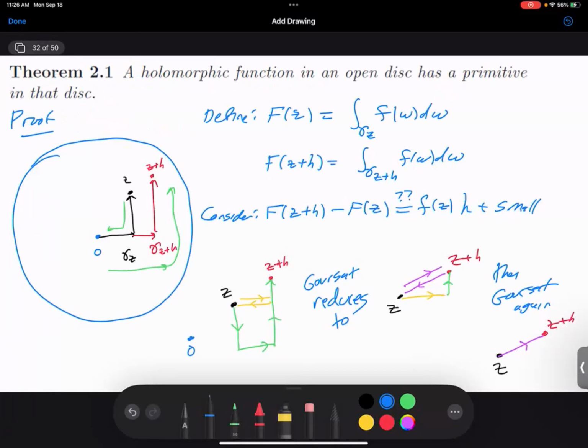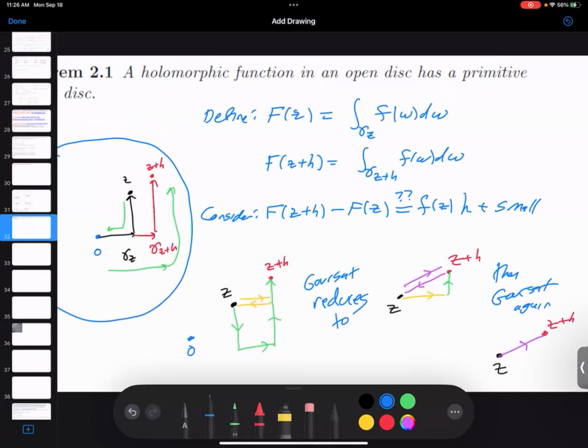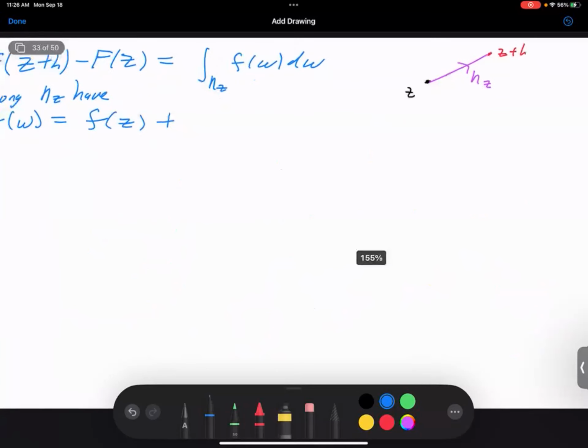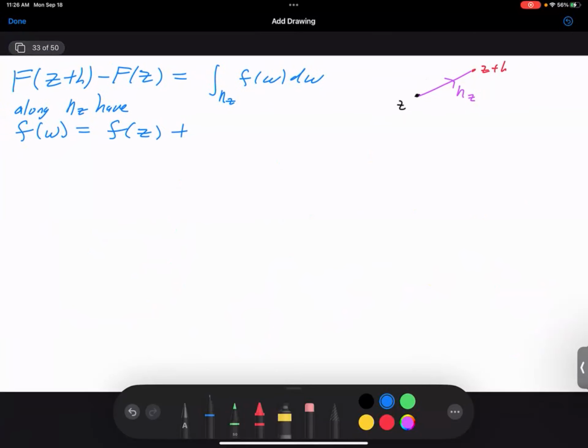f is holomorphic, so it's differentiable. So I could write plus f prime of z times how much I've moved, which is w minus z, right? Plus something small times w minus z.